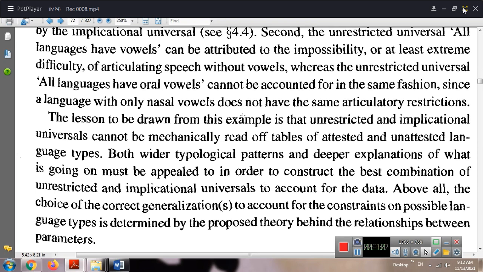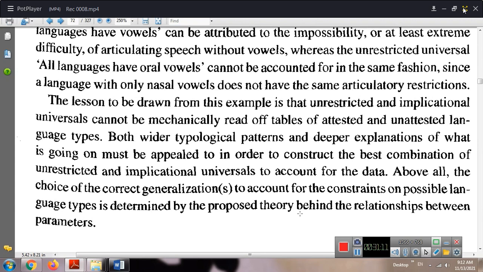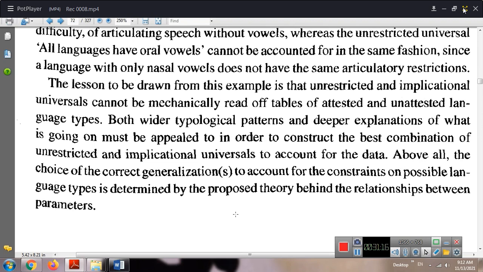Above all, the choice of the correct generalization to account for the constraints on possible language types is determined by the proposed theory behind the relationship between parameters.